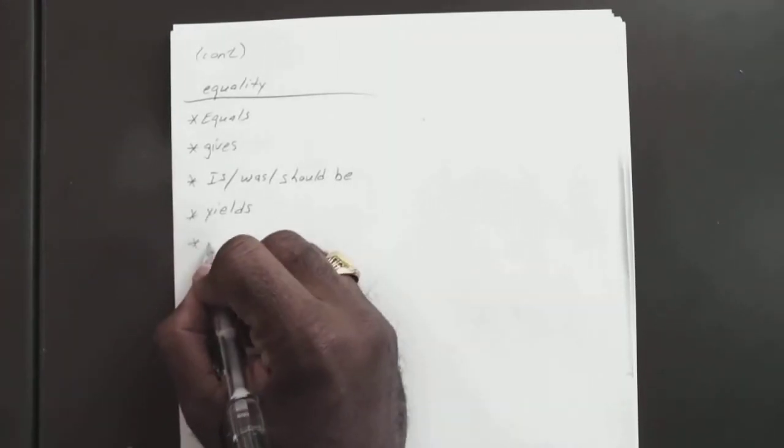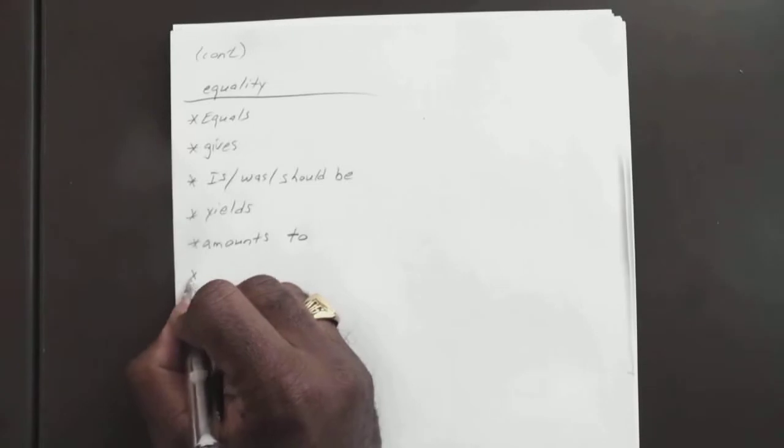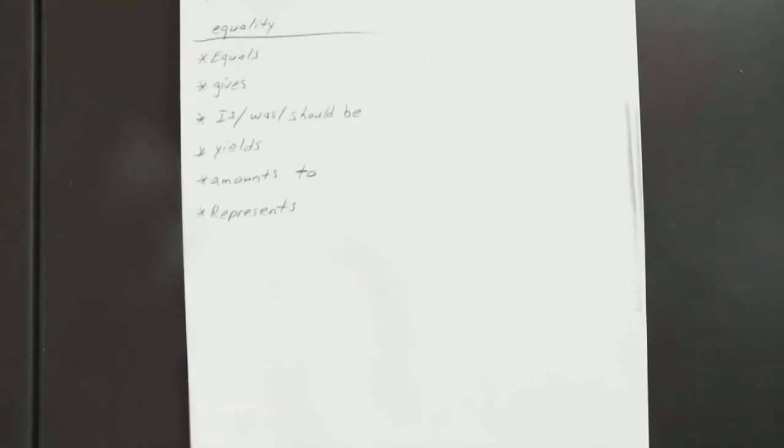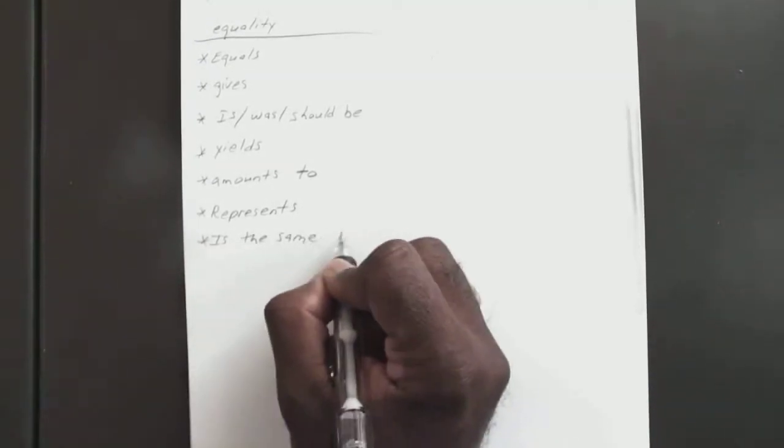You may see yields, amounts to, represents, or instead of is, is the same as. You don't have to memorize them. You just want to be able to know them if you see them.